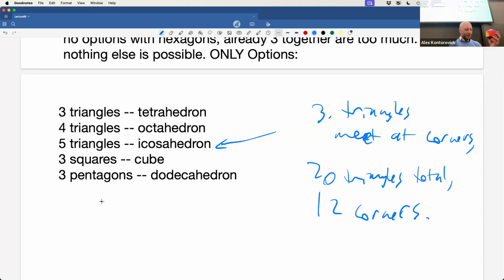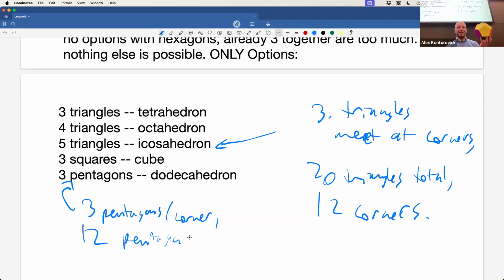How about the dodecahedron? We said this one is 3 pentagons at each corner. It makes 12 pentagons total. How many corners? Let's count the corners. We have a pentagon on top that has 5 corners, and a pentagon on bottom that makes 5 corners.